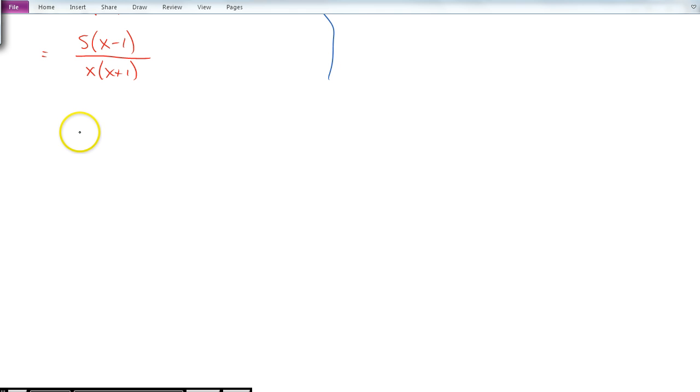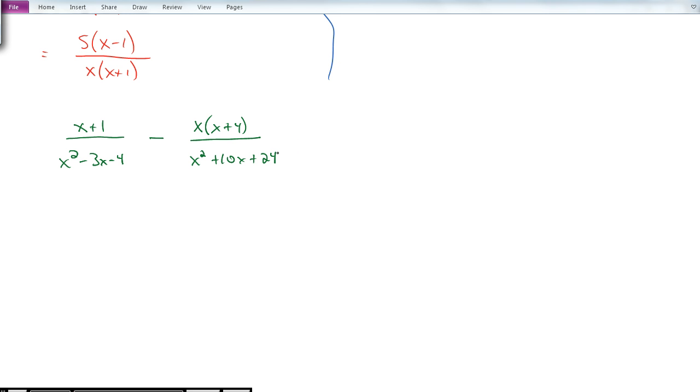Okay, last one. One more degree of difficulty. X plus 1 over x squared minus 3x minus 4 minus x times x plus 4 over x squared plus 10x plus 24.